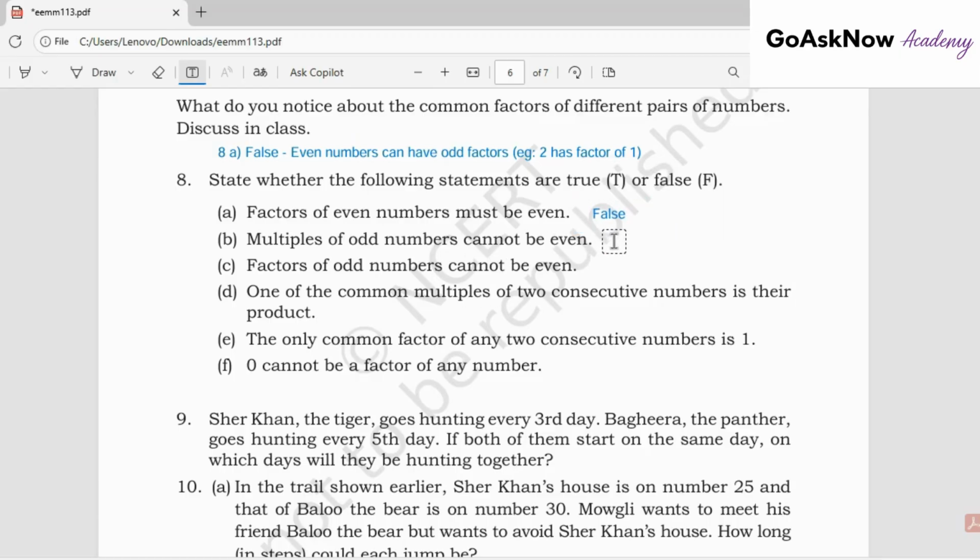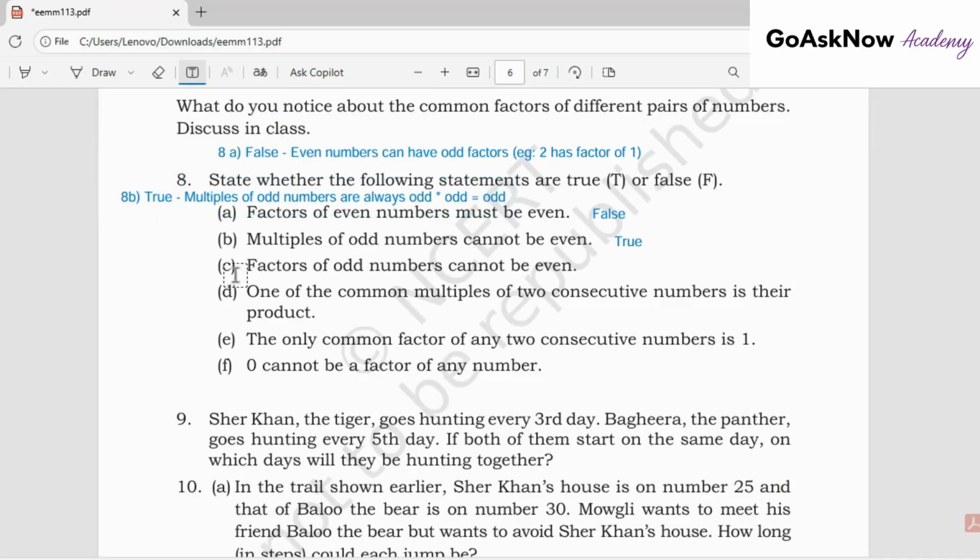The answer for part B is true, because multiples of odd numbers are always odd; odd into odd is equal to odd.